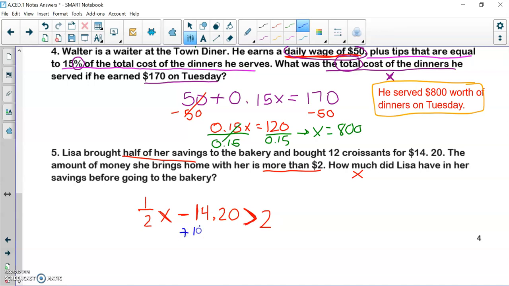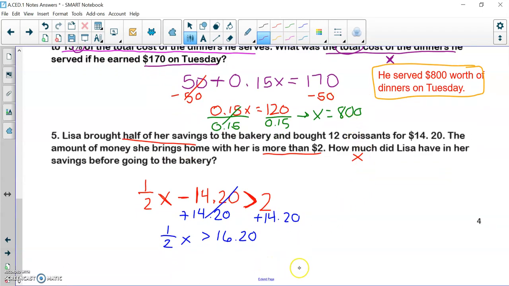I'm now going to add $14.20 to both sides. And I have half times her savings is greater than $16.20. To get that half to the other side, I'm not going to divide by 1/2. Instead, I'm going to multiply by the reciprocal, which is 2/1. And 2/1 is just a 2.